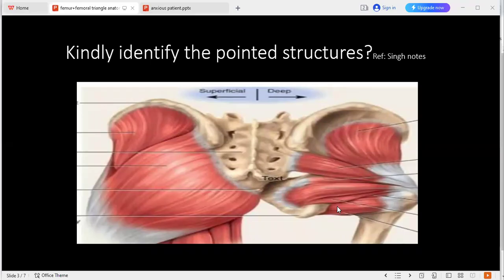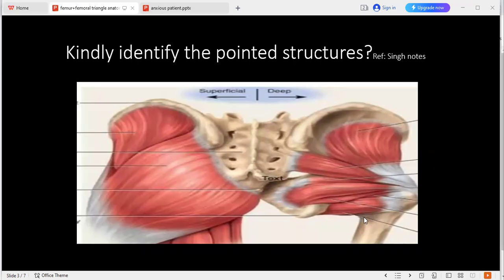Please tell me the attachment of the quadratus femoris muscle. Quadratus femoris originates from the ischial tuberosity and is inserted into the quadrate tubercle of the femur. And its mode of action is? It is a lateral rotator of the thigh.